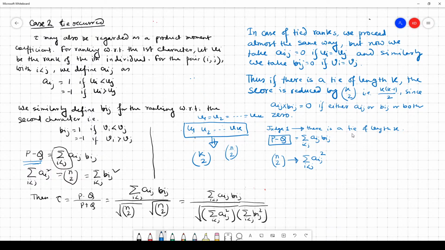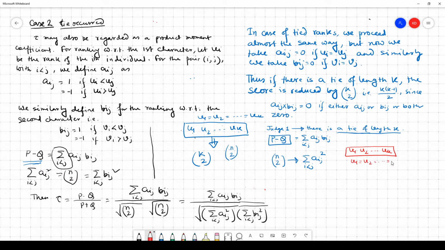Now I assume that a tie occurs of length k, and without loss of generality, I consider the first k positions or individuals u1, u2, ..., uk, whose ranks are all tied.